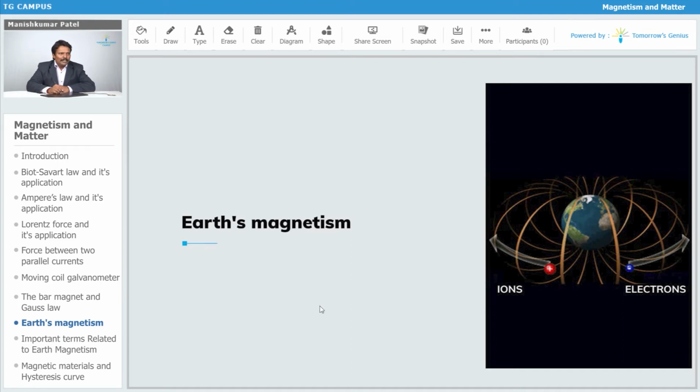Basically we know that the electron is moving in a circular path, which is a basic thing in the structure of the atom. In the structure of the atom the electron is revolving, which constitutes a very small amount of magnetic field.